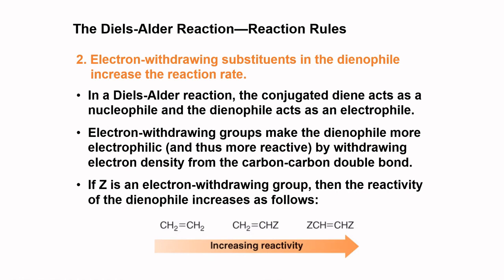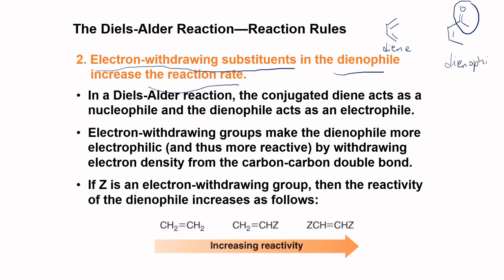Okay, the second rule is electron withdrawing substituents in the dienophile will increase the reaction rate. You remember just now when we had this is the diene and this is the dienophile. So if the dienophile has an electron withdrawing group, the reaction rate will increase greatly.